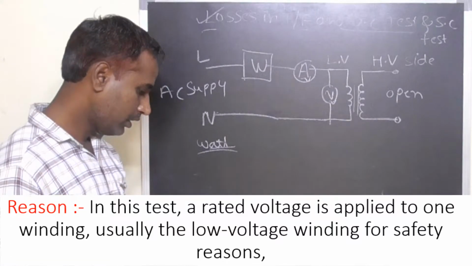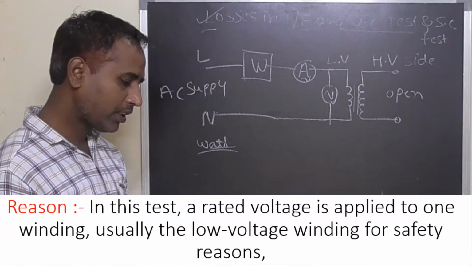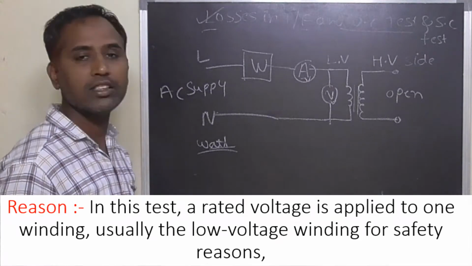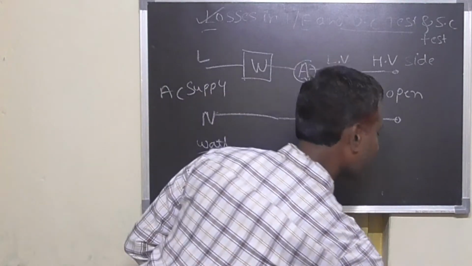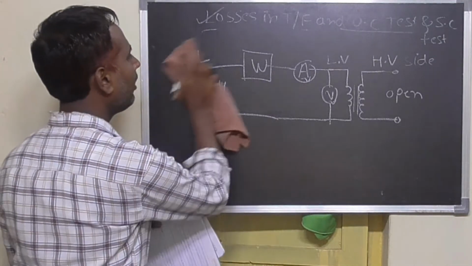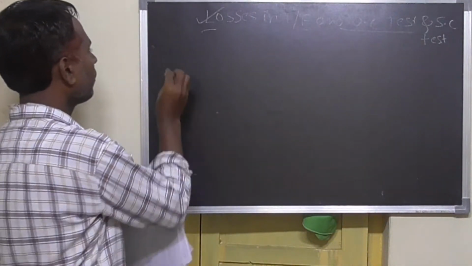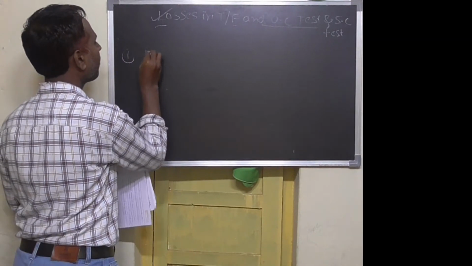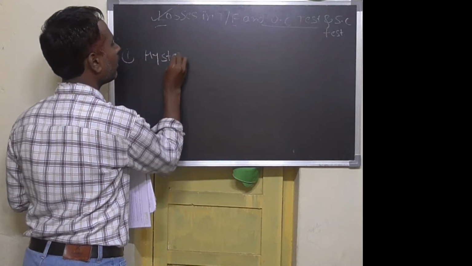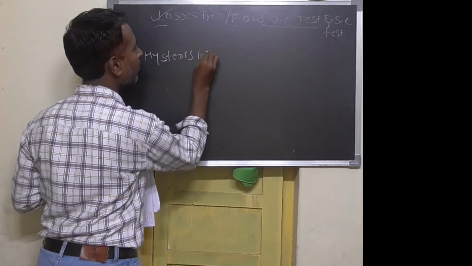So next, in open circuit test, the formulas are there. I will tell you the formula. Okay, I will erase this one. So formula one is the hysteresis loss formula.